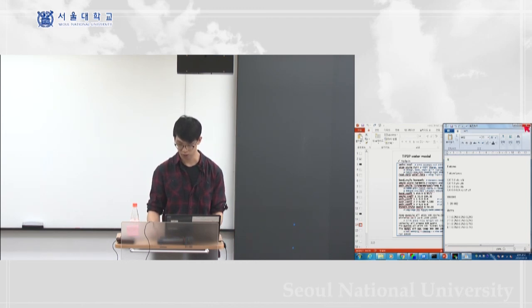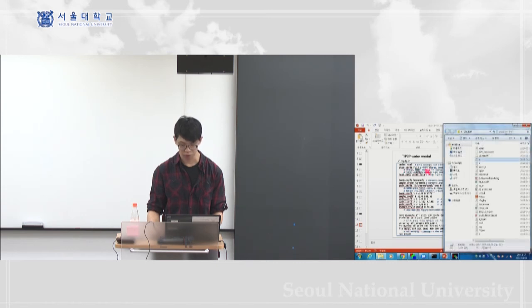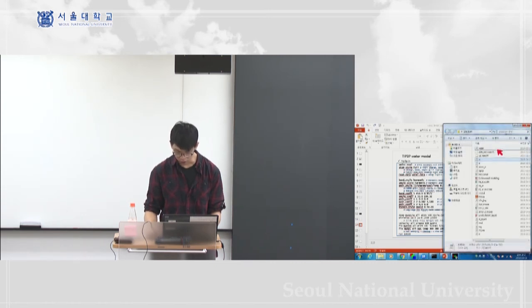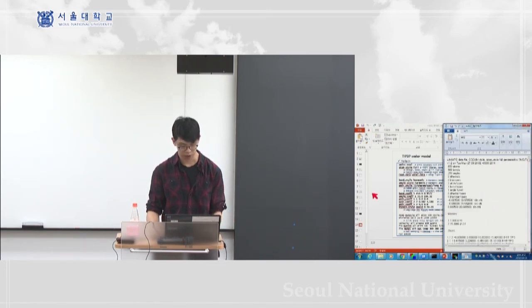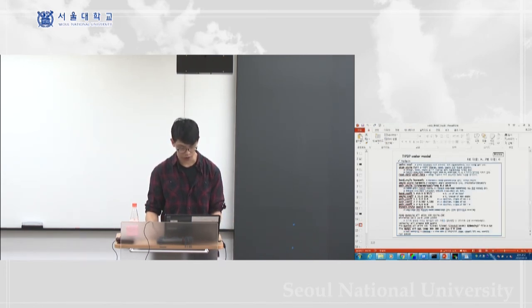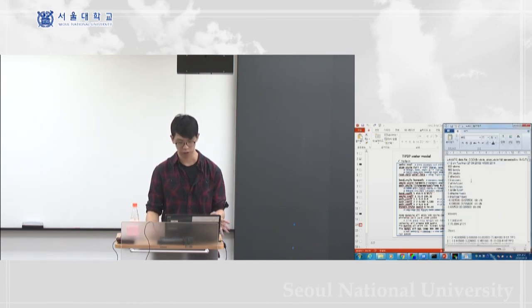But with atom style full, it's going to be a lot more information, which is the charge and the bond and the angle and which molecule the atom is included in, and all of this information should be included in the input data file.